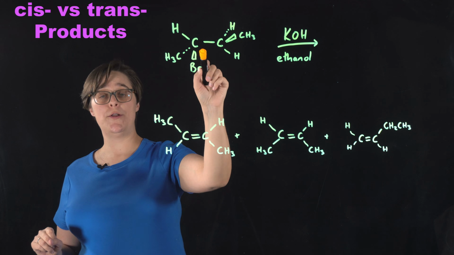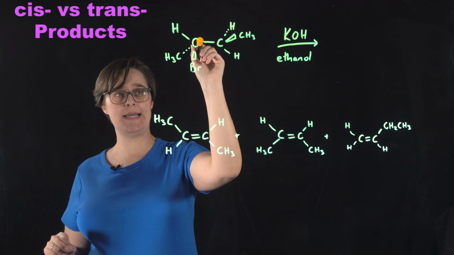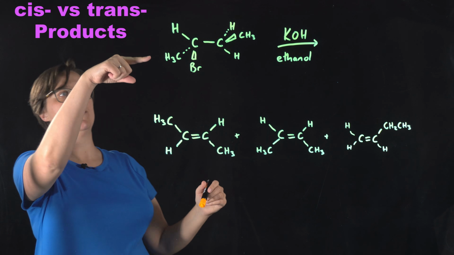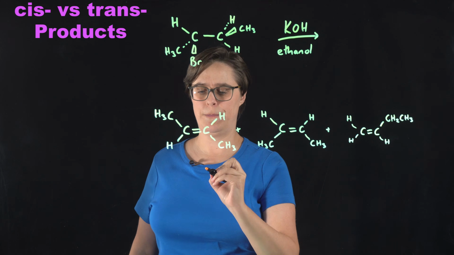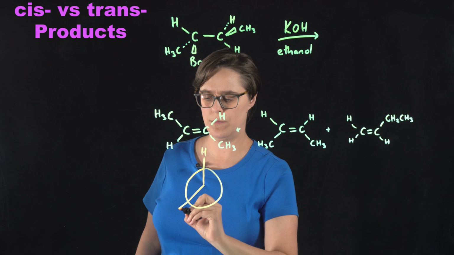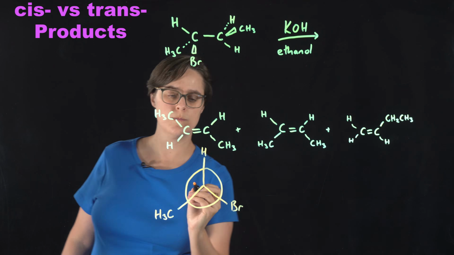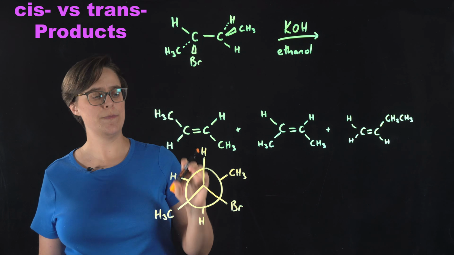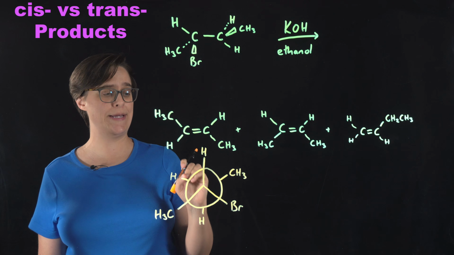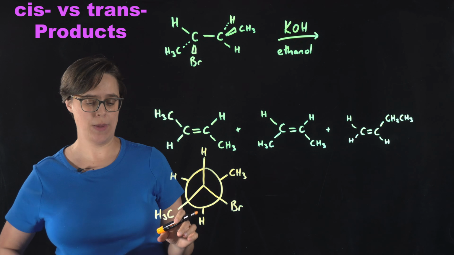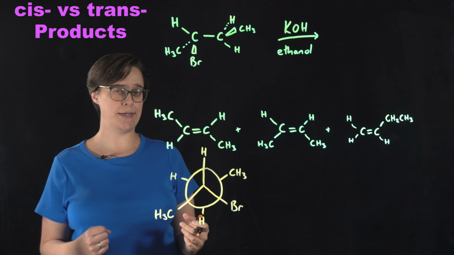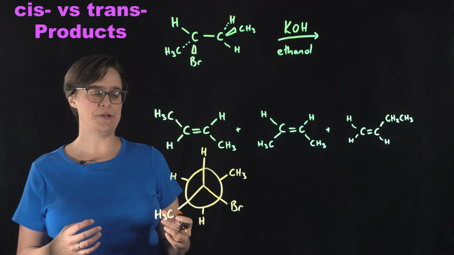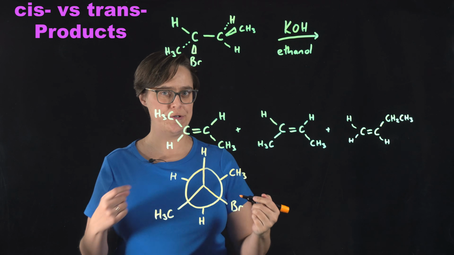Let me draw a Newman projection of this as it is currently drawn, looking from here. So, this is an extremely stable conformation. When we talk about stabilities of conformations, we don't really care about the hydrogen in the leaving group.